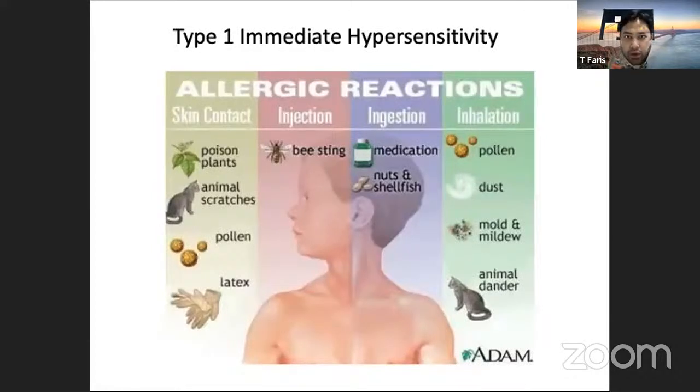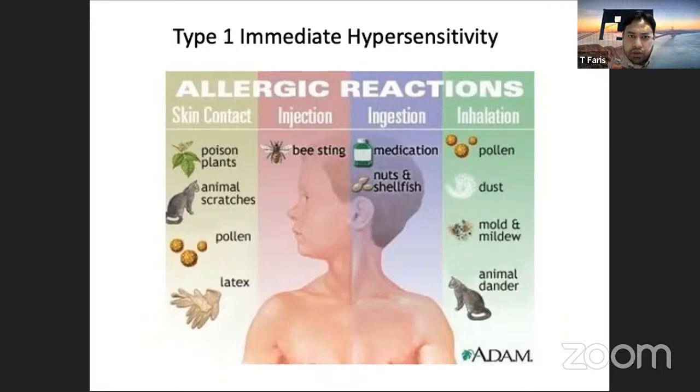Type 1 allergic reaction can be caused by skin contact with pollens from plants, poisons, toxic substances from maybe mushrooms, latex, animal scratches, animal fur, feathers.